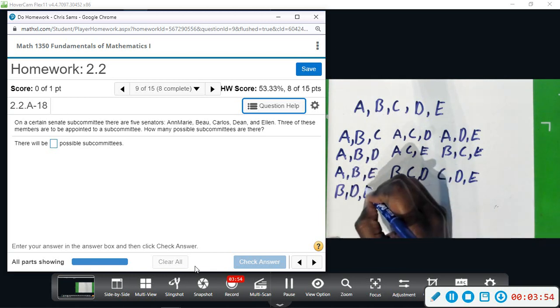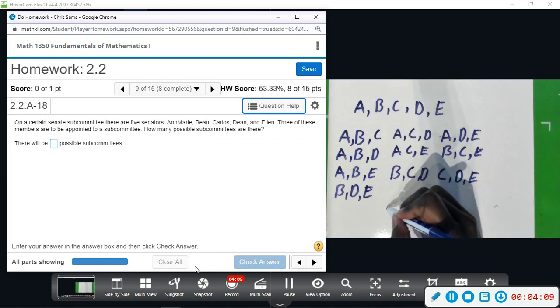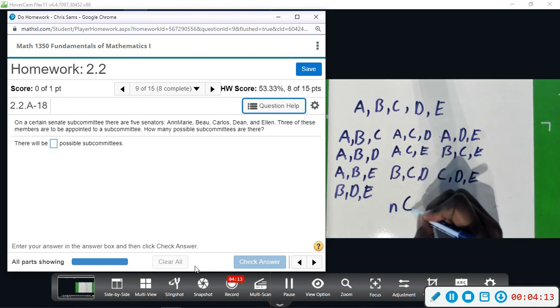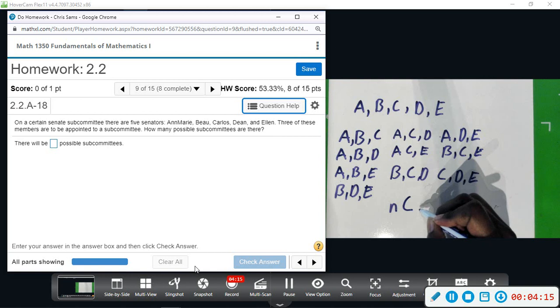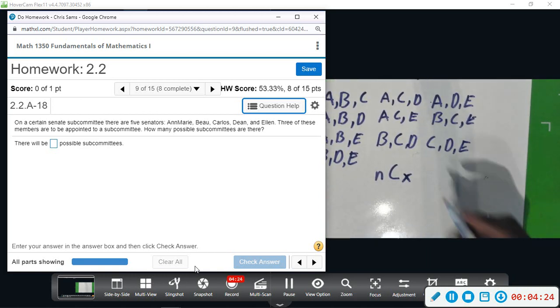Okay, so this is the listing method. There's 10 of them. However, there is another technique we can use. It is called combinations. If you have n objects and you want to select or choose x of them, r of them, it doesn't matter, there's a special formula, and I'll work it out for you.